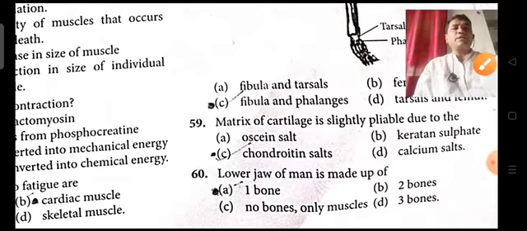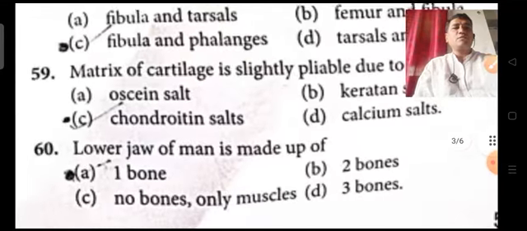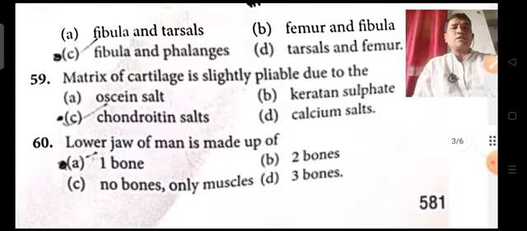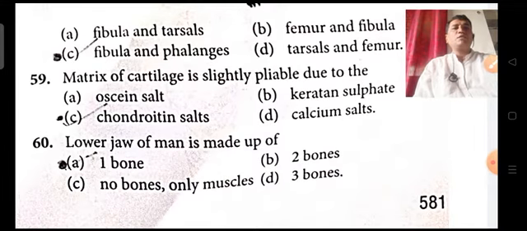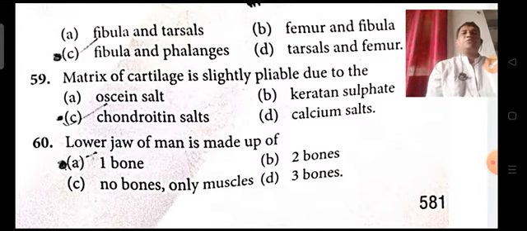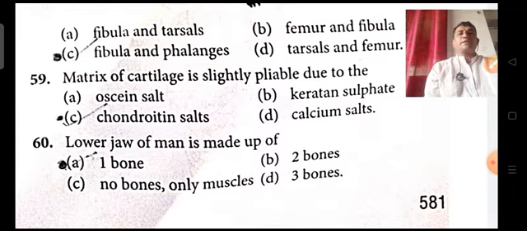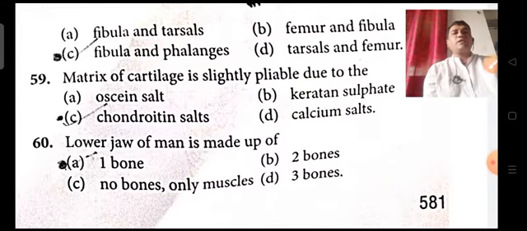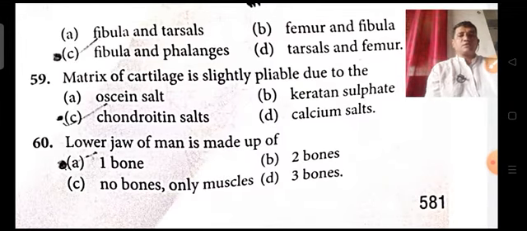Coming on to the next question. The matrix of cartilage is slightly pliable, meaning bendable, due to which salt: arsenic salt, keratin sulfate, chondroitin salts, or calcium salts? Arsenic salt is not produced by osteocytes. Keratin sulfate is a component of our system.